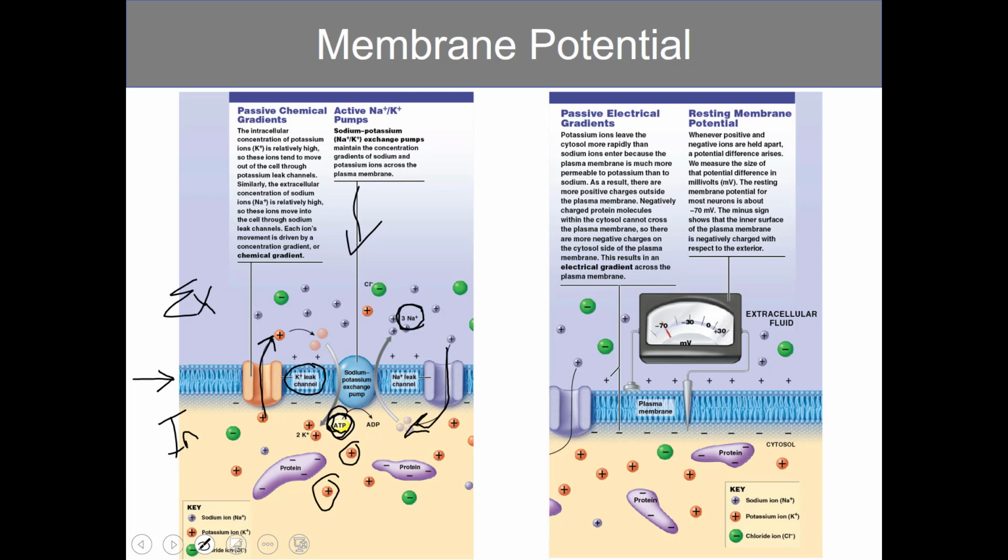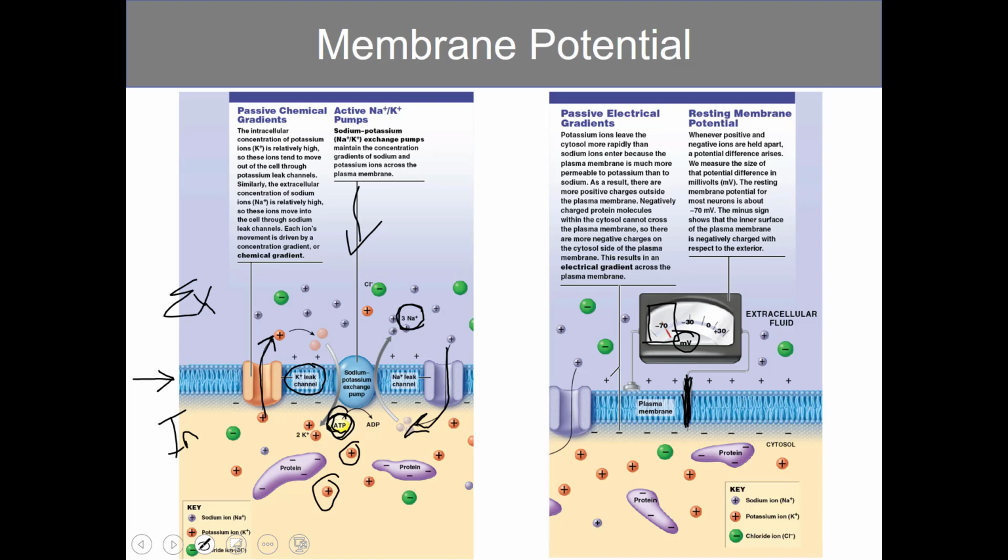If you were to take a probe, as we did right here, and place it within the cell membrane, we can actually measure the electrical charge of the inside of the membrane relative to out, and we can see that this gauge gives us a reading of negative 70 millivolts. And that's going to become important in just a minute.